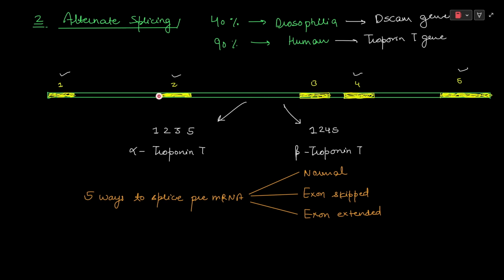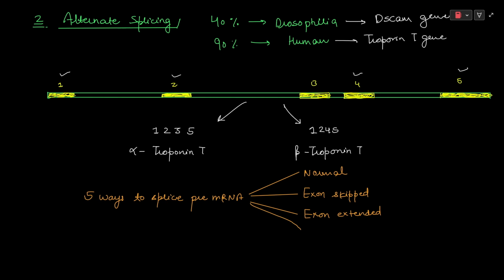But along with this exon 2, we also take some part of the intron. This scenario is known as the exon extended, where the exon will be present, but along with it some part of the intron will remain.